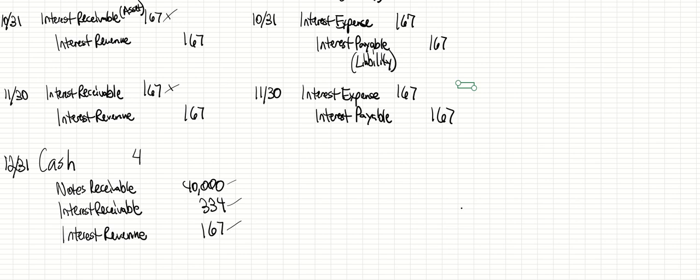That's going to give us a debit of $40,501. Now remember, this is rounding. This 167 is a rounded amount. So technically this should be $40,500, but since this 167 is rounded, this is why we have 501. So the cash that's received is $40,501.